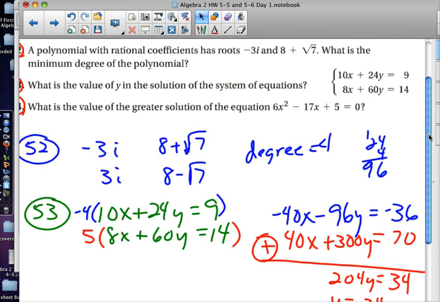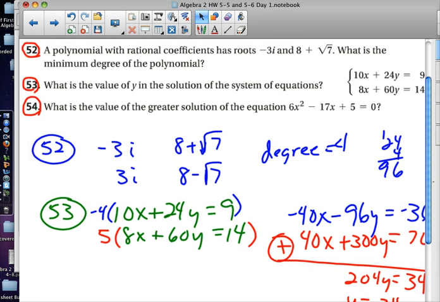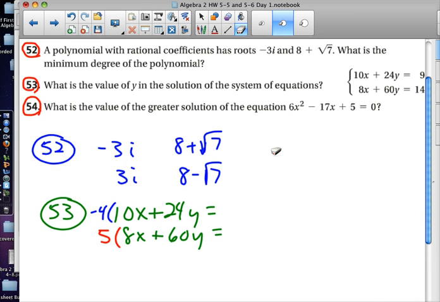Then, in number 54, it says, what's the value of the greater solution of this polynomial? It's actually a trinomial there with our 3 terms, and it's a quadratic. And I'm hopeful that this is going to be something I'll be able to do by factoring. So I look at what I have for the problem, and there is no greatest common monomial factor that I can pull out of all of those terms. So then I check for perfect squares, don't have them.